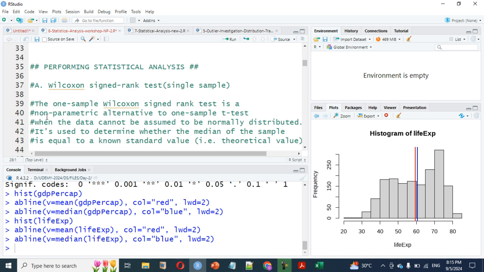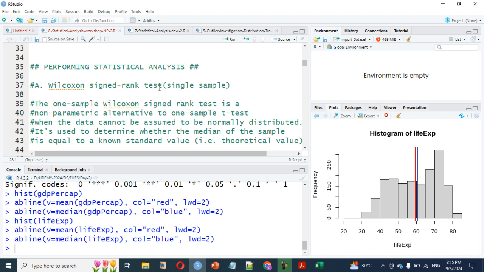This time we want to look at the single t-test, but in non-parametric form, using what is called the Wilcoxon signed rank test. That is a replacement for the one sample t-test. It is a non-parametric alternative to the one sample t-test, used when the data cannot be assumed to be normally distributed.